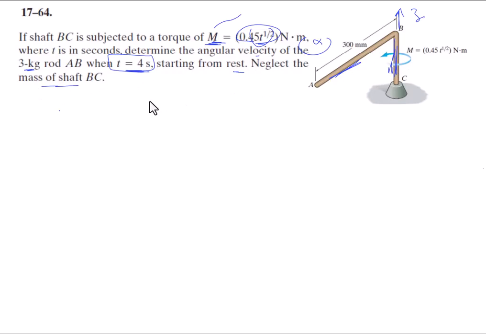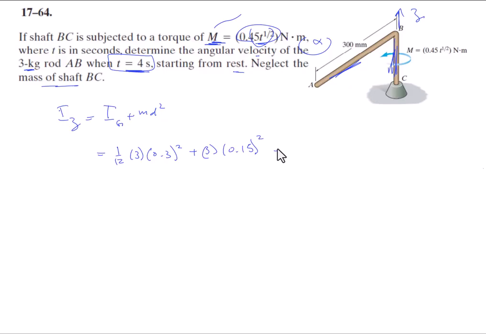You want to neglect the mass of this shaft, BC. So we could start by writing the mass moment of inertia of this rod about the z-axis, which is I_z, which is I_G plus md squared. This is 1/12 times 3 kilograms times length, which is 0.3 squared, plus the mass times d squared, 3 times 0.15 squared.